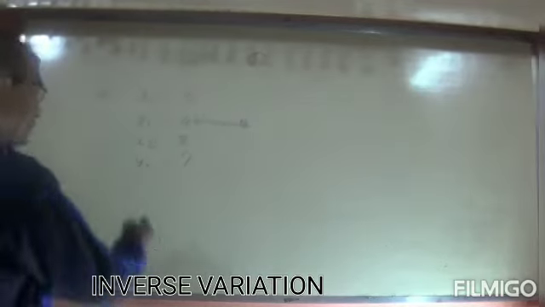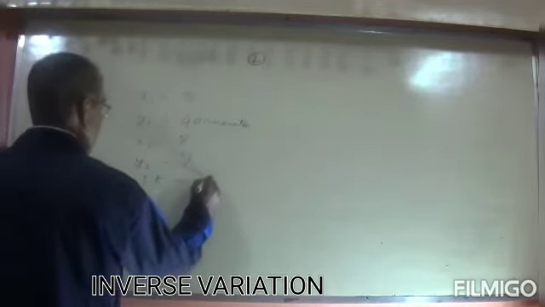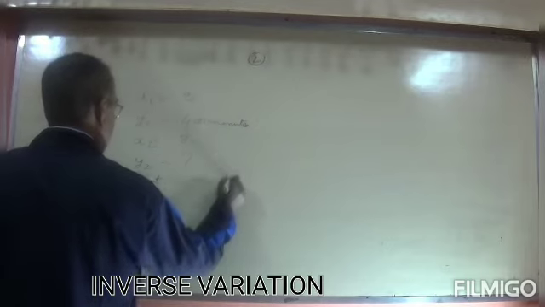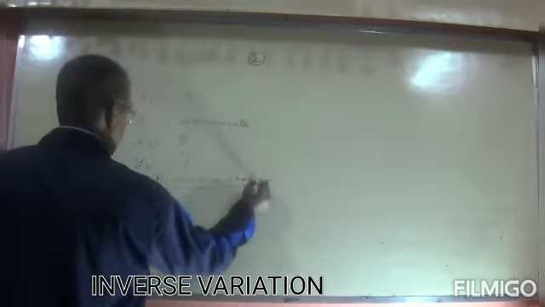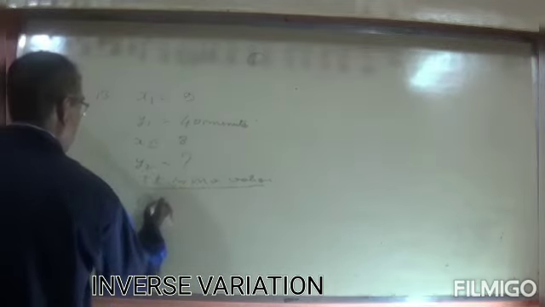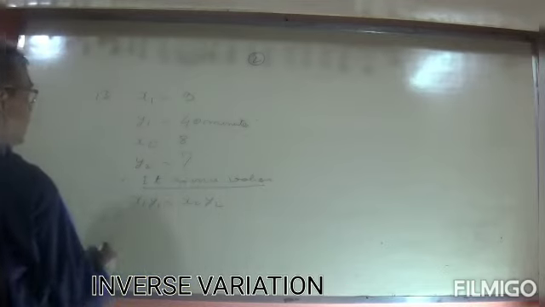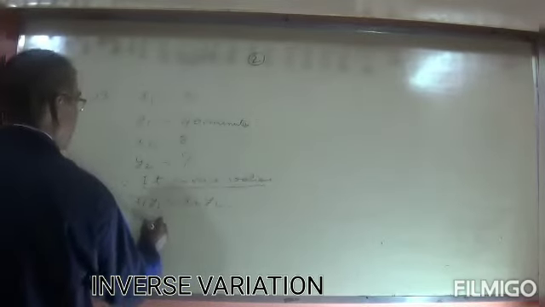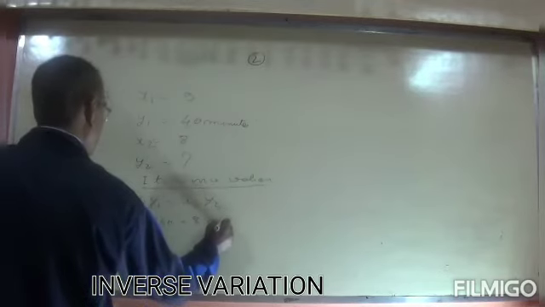Since it is inverse variation, therefore x1 y1 is equal to x2 y2. x1 is 9, y1 is 40, x2 is 8, y2 we have to find.